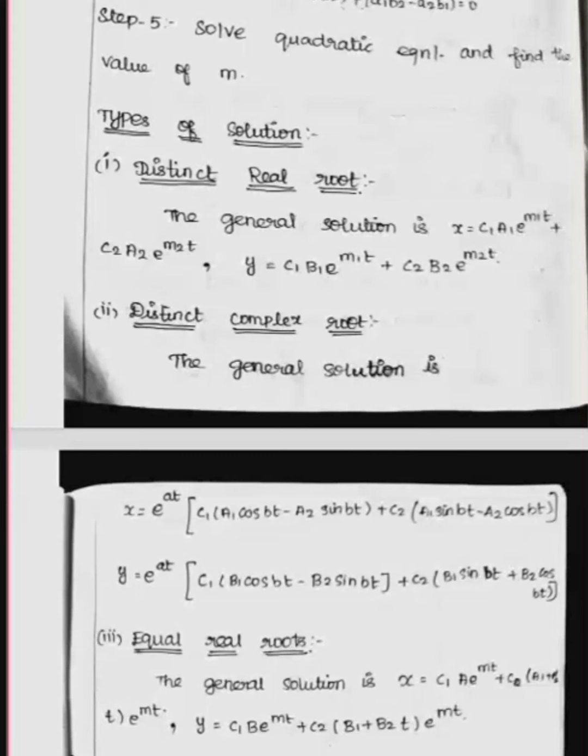But in this unit, you first write it for c1 into a into e power mt. For the c2 term only, you have to write the ax plus b format, that is a plus bx format with respect to t. So a1 plus a2t into e to the power mt for the second constant term. Similarly, y equal to c1 into b e power mt plus c2 into b1 plus b2 into t into e power mt.